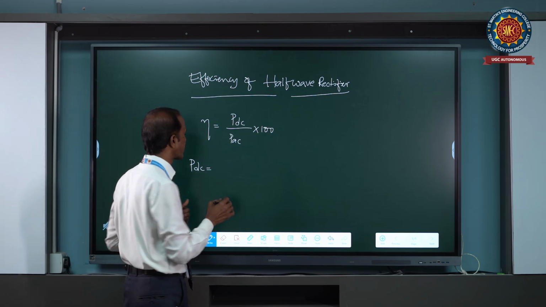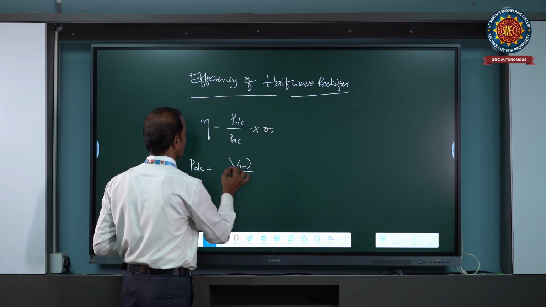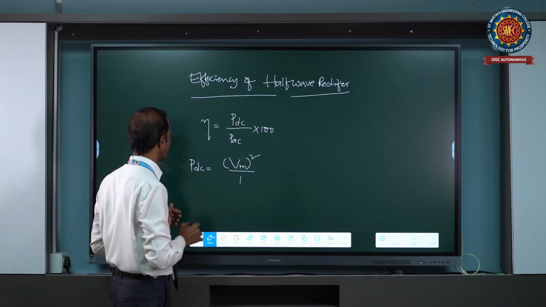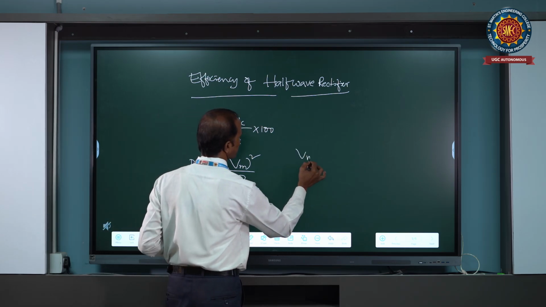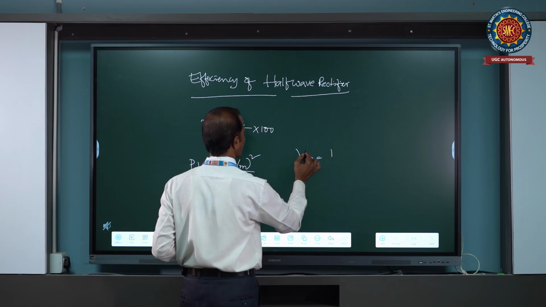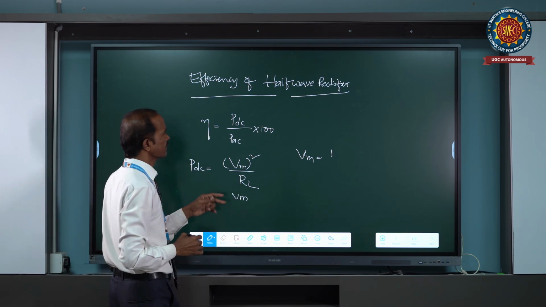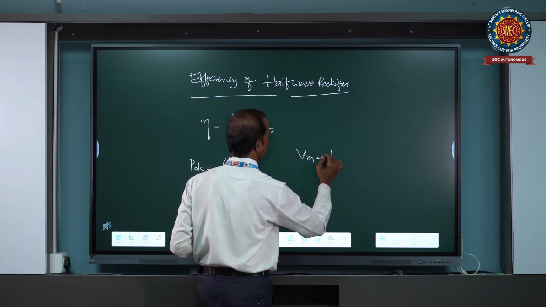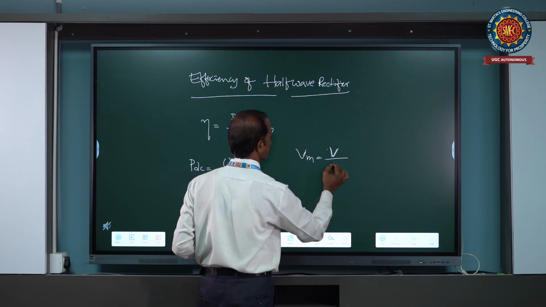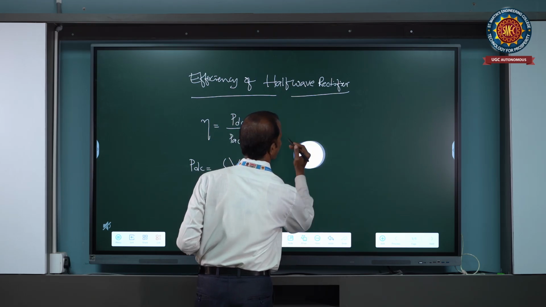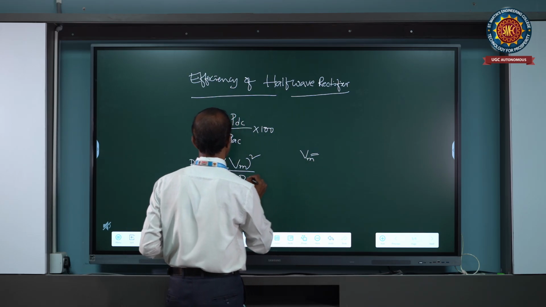Power P is equal to V square by R, meaning PDC is equal to VDC square by RL. So what is the value of VDC here?